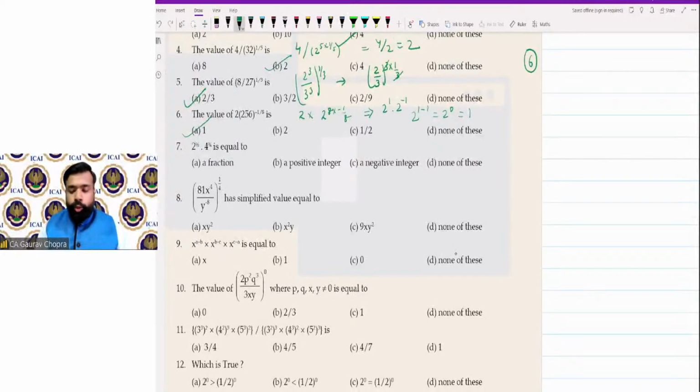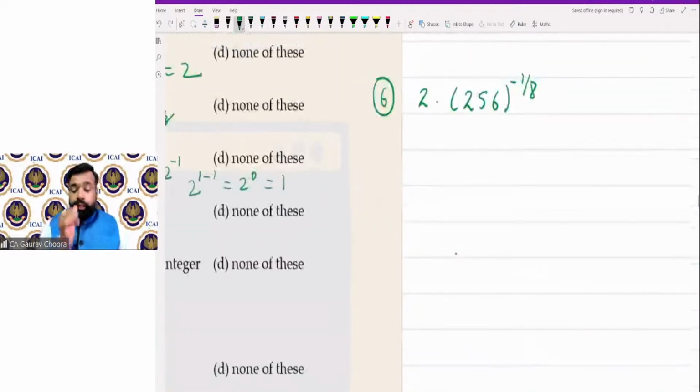It says 2 multiplied by 256 to the power of minus 1 by 8. So in this question, if we factorize 256, it comes as 2 to the power of 8, and whole to the power of minus 1 upon 8.